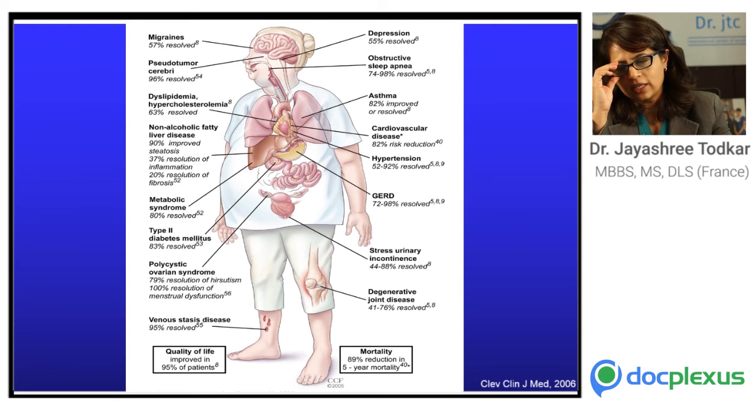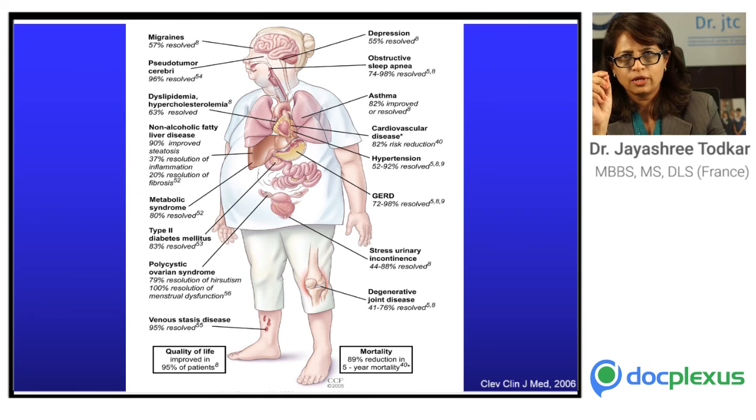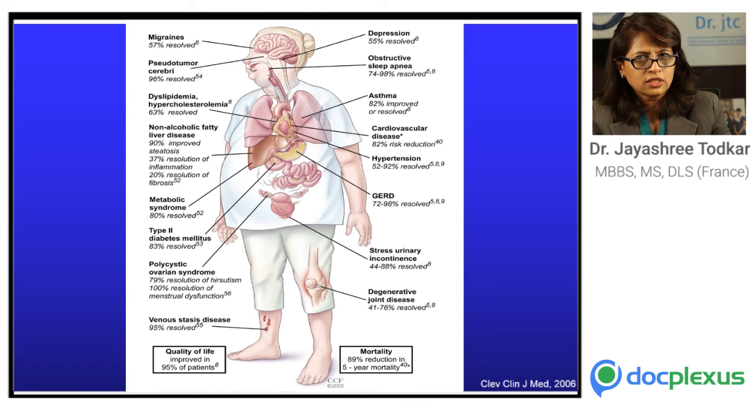You can look at this slide and we know that it is migraine, depression, pseudotumor cerebri, where the intracranial pressure rises to the extent that the patient can have intermittent blindness, obstructive sleep apnea, which can be a fatal disease, dyslipidemia, asthma. Asthma in obese patients is not bronchial asthma, but weight-related asthma. Non-alcoholic fatty liver disease, cardiovascular diseases.